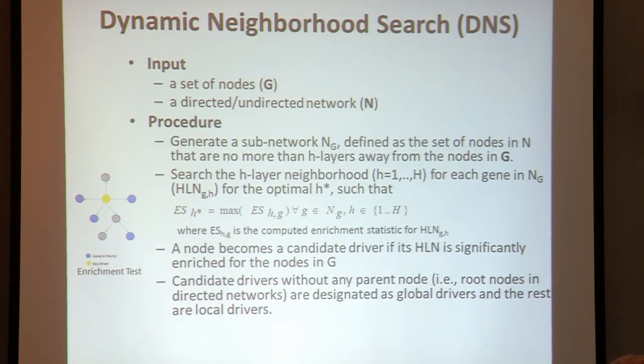What enrichment statistic do you most commonly use? Which enrichment statistic? You can use Fisher's exact test. Yeah, that's the commonly used. And then do you use the same age for the entire network, or do you define a new age for each? You mean maximum?